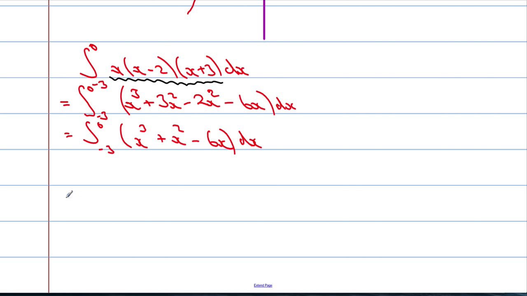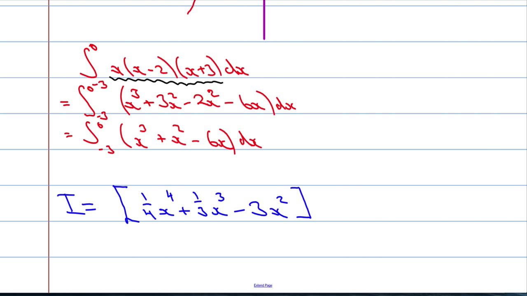So the integral will be equal to, I'm going to increase this power of x by 1 and multiply by 1 over that new power. Again increasing this power of x by 1 and multiplying by 1 over that power, and again for the last term, which is going to give me 3x squared.